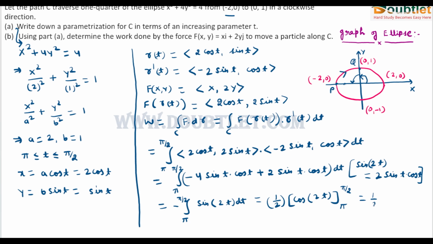To solve this, we put the value of the upper limit first and then the lower limit. So it will become cos pi, whose value is minus 1, then minus cos 2 pi, whose value is 1, so it will become minus 2, and with the half factor, the work done will basically be minus 1.